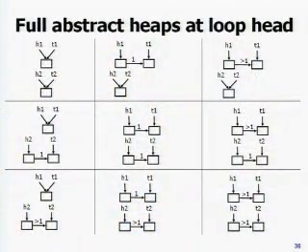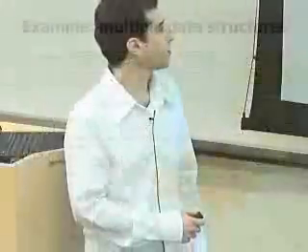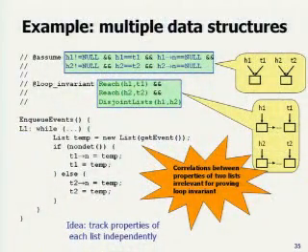Sorry, is there a question? Suppose I run a disjunctive heap abstraction. So what do I get at the loop head? What I get is 9. You seem to be confused. You're going to find a bug in the program? No, there is no bug.